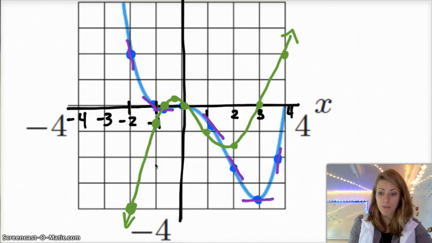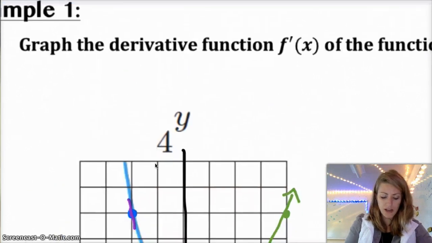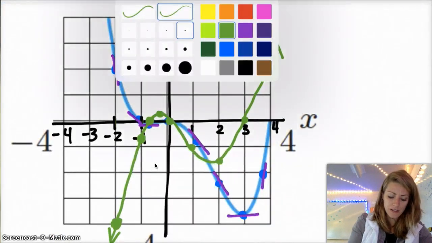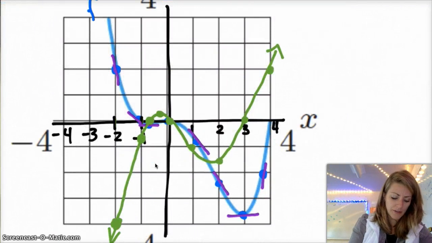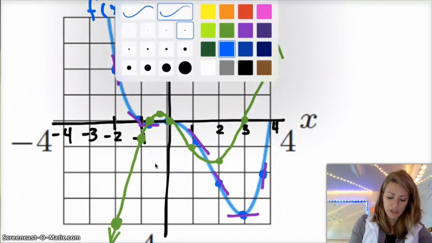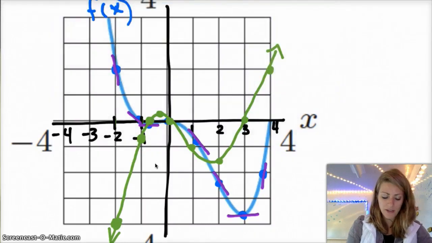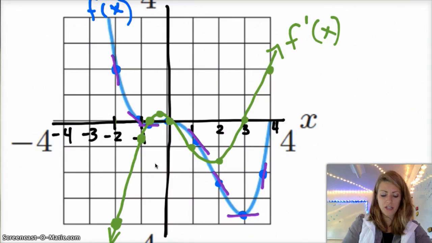So let's label it appropriately. I'm going to call my original function f of x. That's the blue. So I'm going to call this f of x, which means my derivative function is f prime of x, because that's our notation for a derivative.